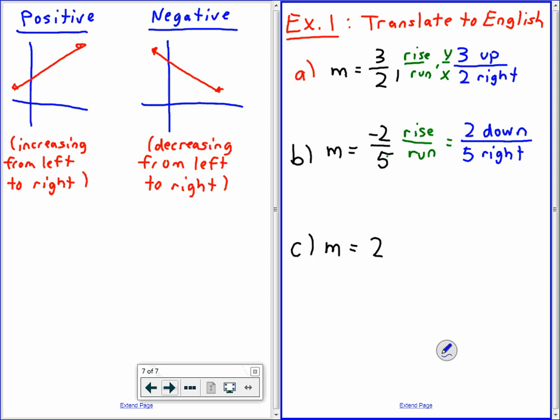For letter C, we have to do something in addition to this. As you may or may not have noticed, every other question has been in a fraction. Okay? So, to put this in a fraction, as you remember from our horrible fraction units, okay, which took forever, I'm going to make that over 1. Now, this is really easy because you just change it to rise over run, which again is going to equal then 2 up and 1 right.